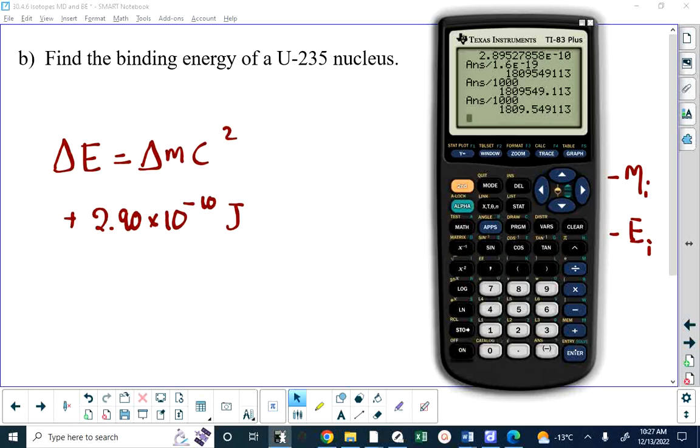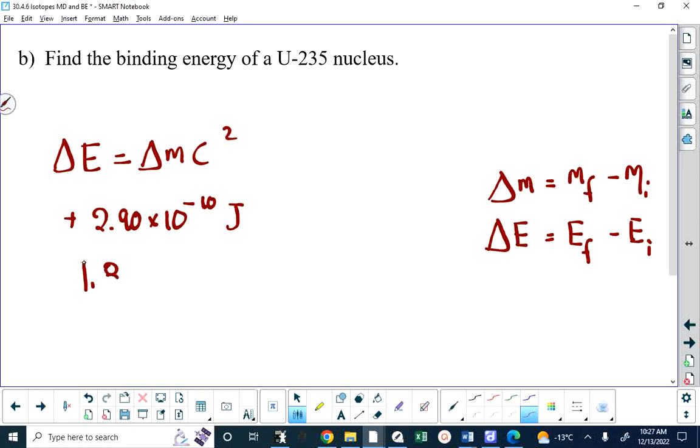Can you look on your formula sheet? I'm a little embarrassed. I should know what 10 to the 9 is. I think it's giga. Or in the words of Doc Brown from Back to the Future, giga. But it's 1.81 giga eV.